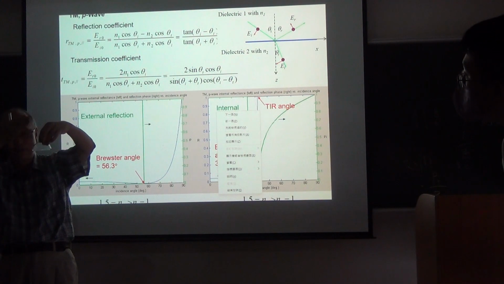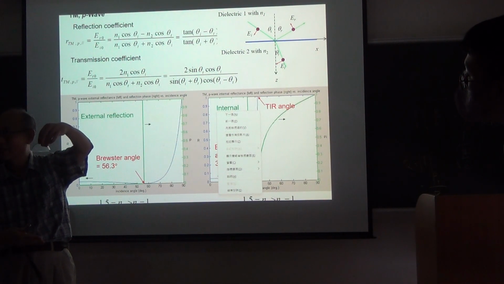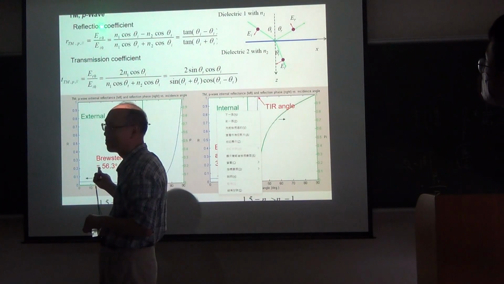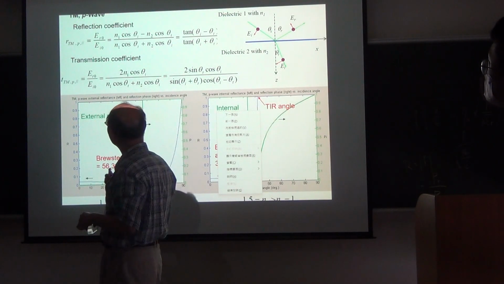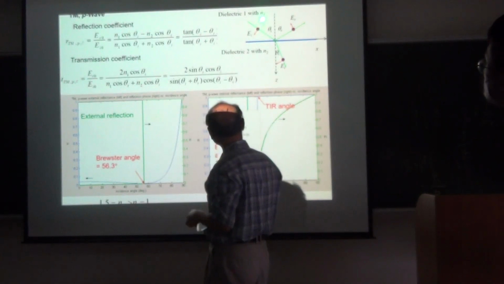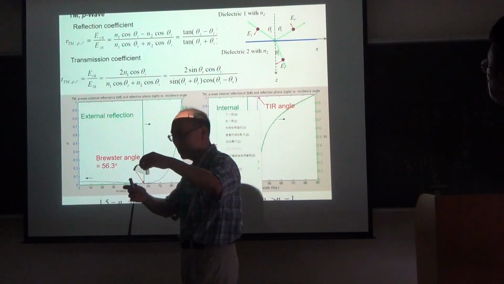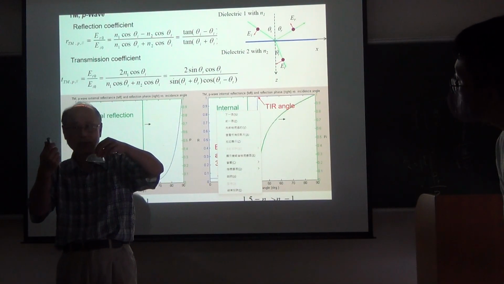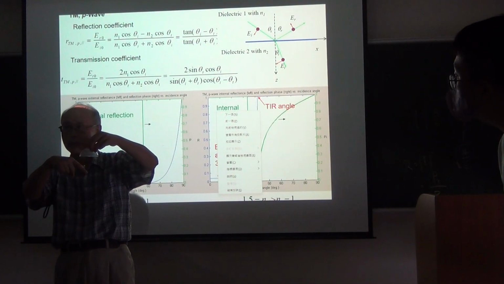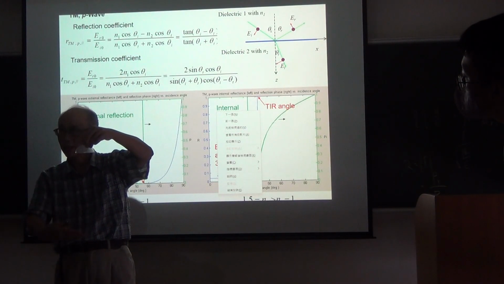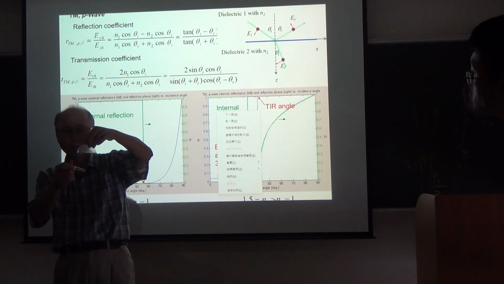These two lines form a plane like this, and then you need to specify this as TM or P wave. For TM and P wave, the electric field has to be in the plane of incidence. So you need to first polarize this laser to be in the plane of incidence.